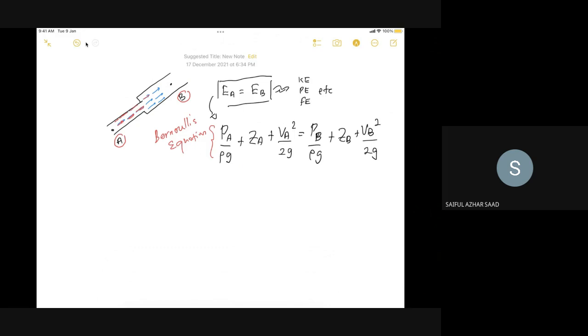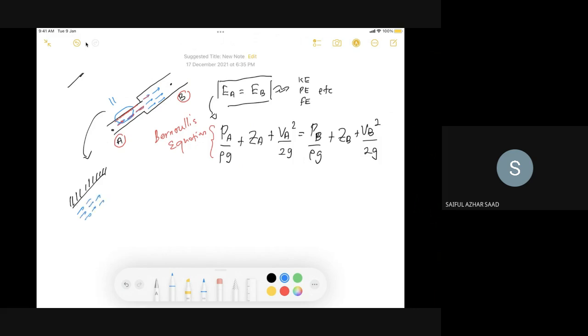Because it is near the wall, let's redraw it, make it bigger. Let's say I'm interested in this area. I have a wall over here. This is the wall of the pipe, and I have fluid flowing from here.